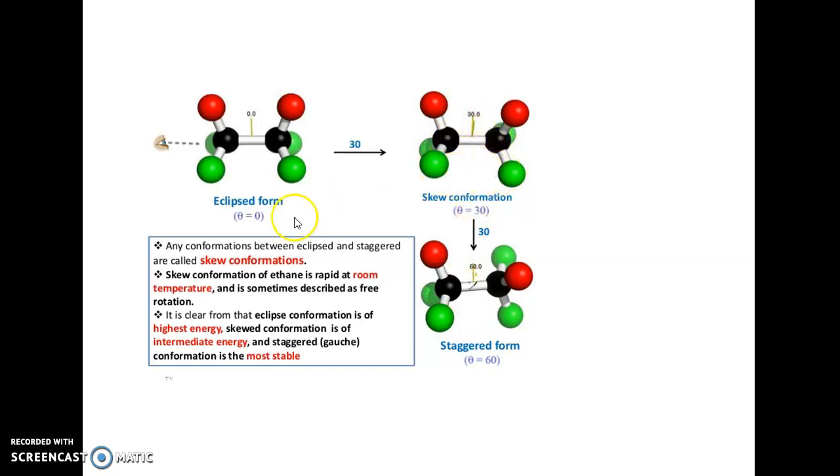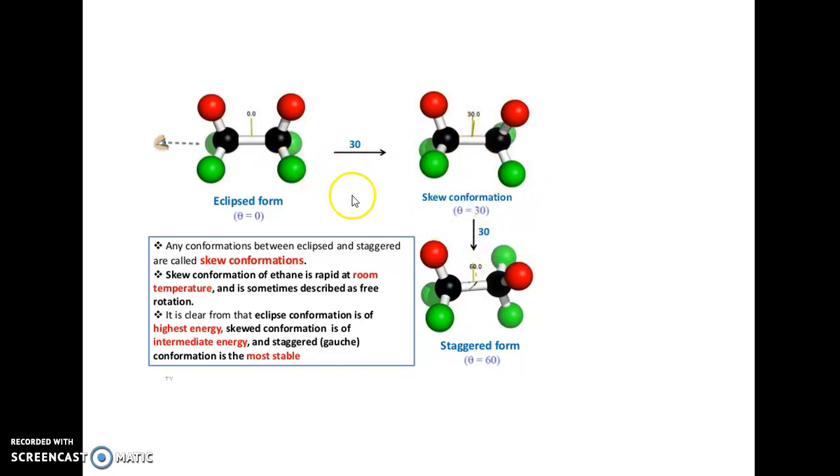This skew conformation is rapid at room temperature, and sometimes it is described as free rotation. So it is clear that the eclipsed conformation is always of highest energy, the staggered conformation is of lowest energy, and the skew conformation is of intermediate energy.